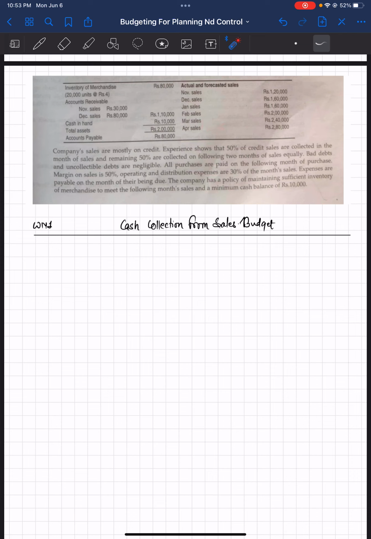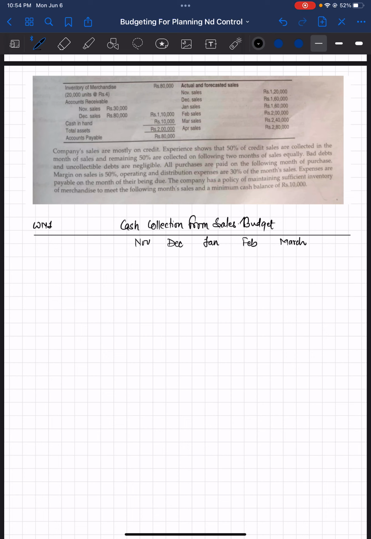So we take the sales until the end of March, including the given actual sales: November, December, January, February, and March.